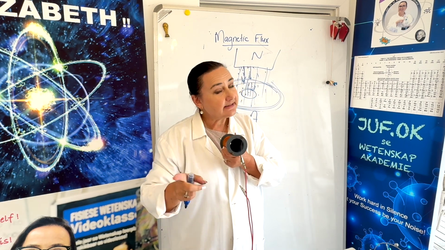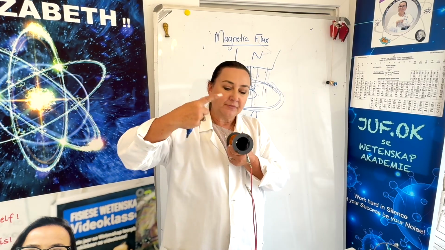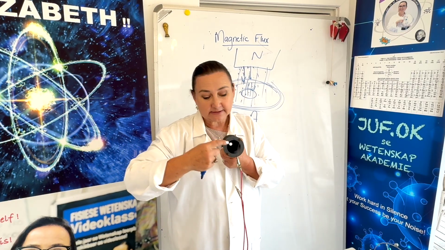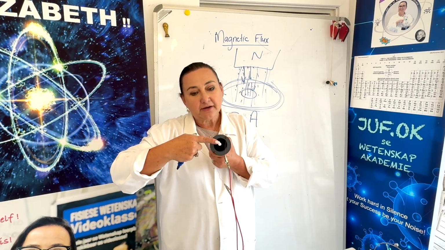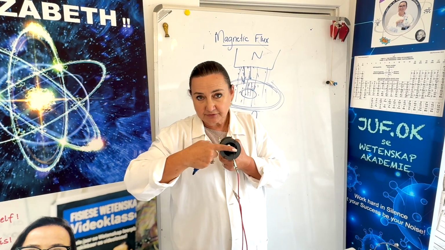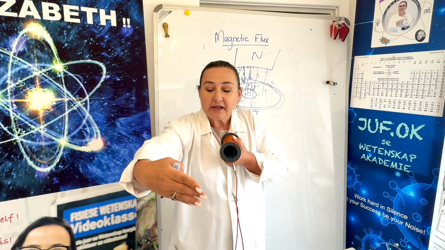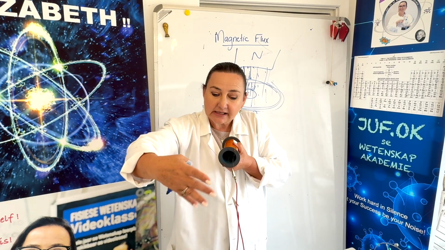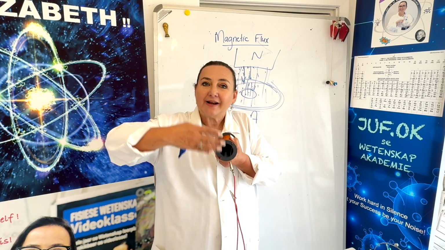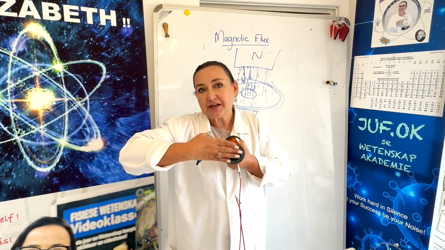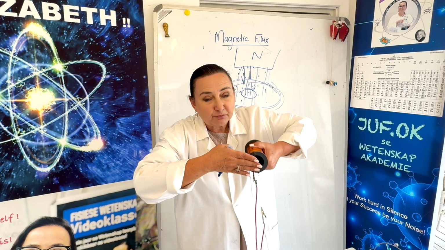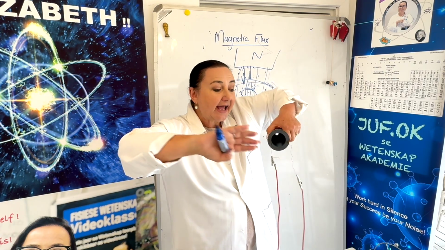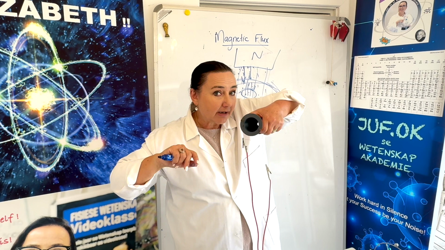So even if it is in centimeters, remember to translate it to meters. So I'm going to work out the area by pi r squared, to determine the area that the magnetic field lines or the magnetic flux density is going to hit. And that is going to determine the amount of magnetic flux that's actually moving into my solenoid.